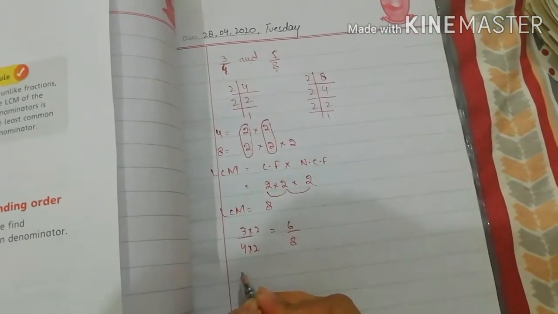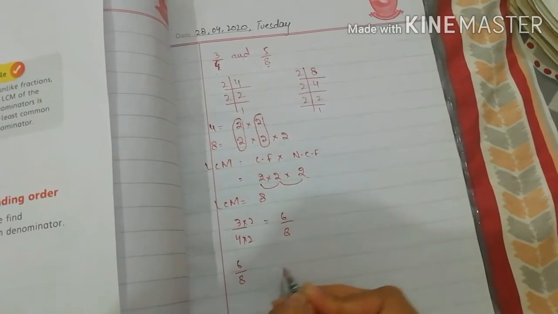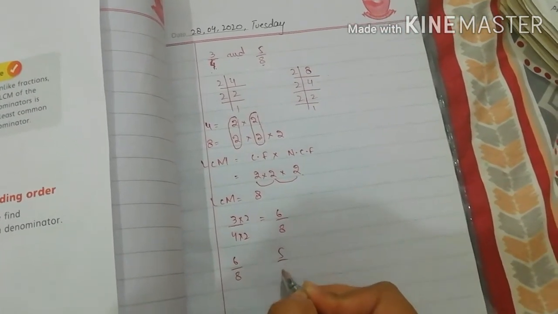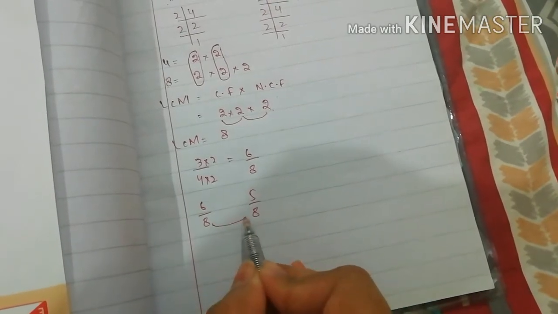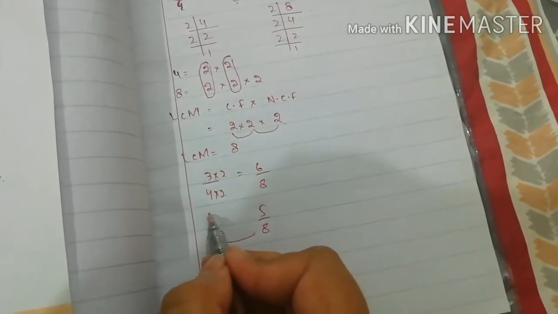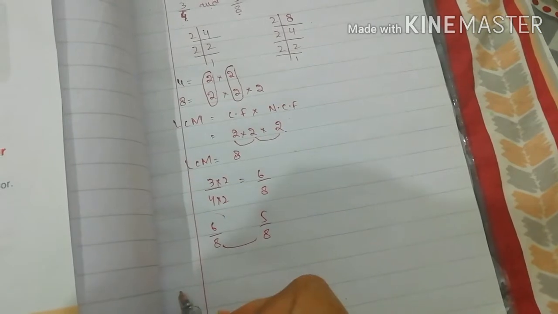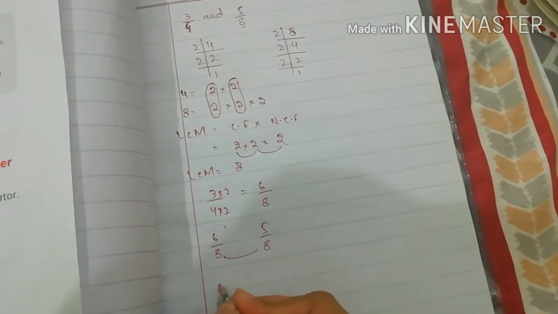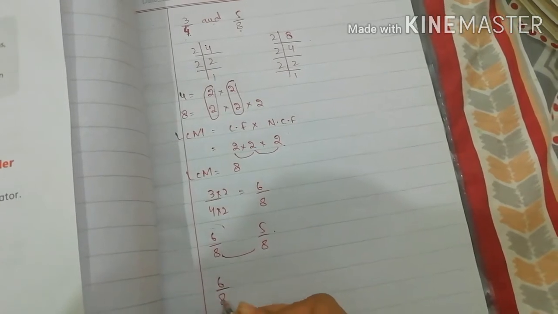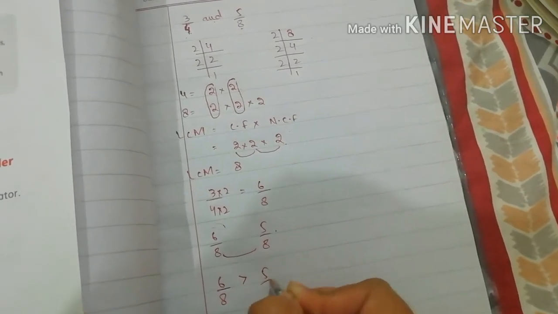Now 6 by 8 and 5 by 8. Now dear student, look, both denominators are same. Now we will compare the numerators. Is 6 greater than 5? Yes. So 6 by 8 is greater than 5 by 8.